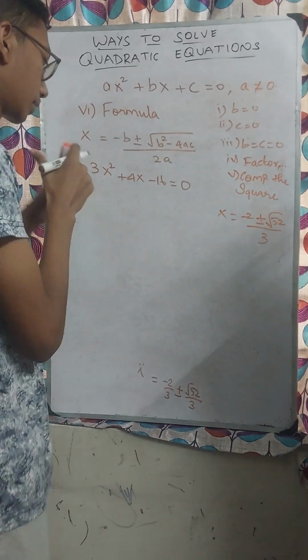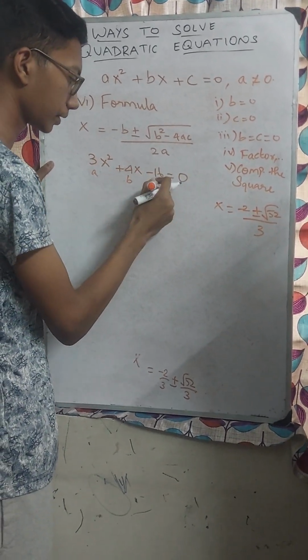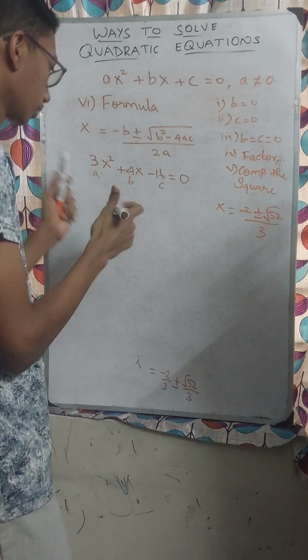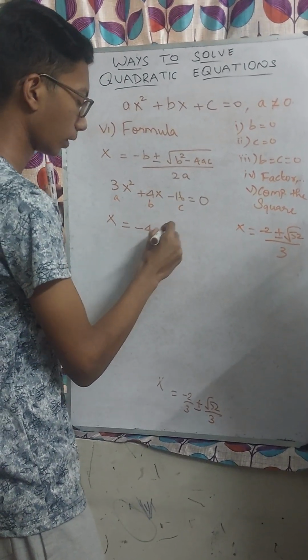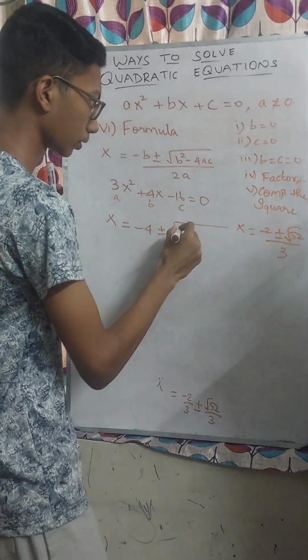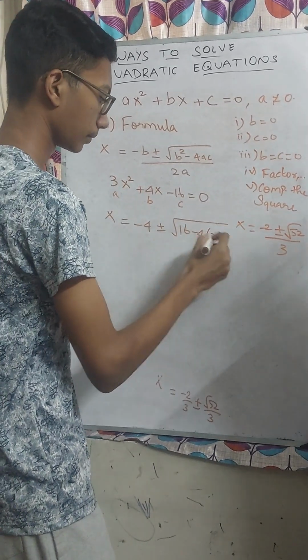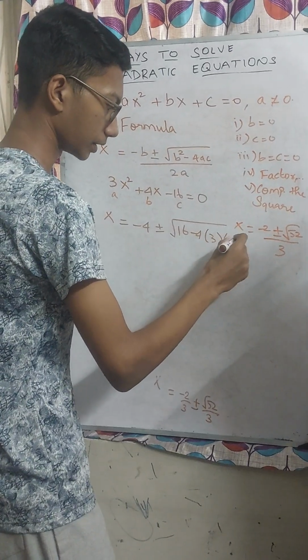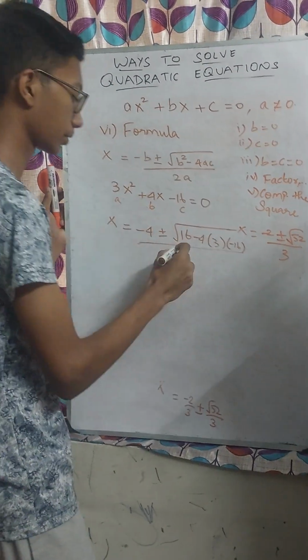So this is the value of a, this is b, and this is c. So we apply this: x = (-4 plus or minus √(16 - 4 times 3 times -16))/(2a), that is 2 times 3, which is 6.